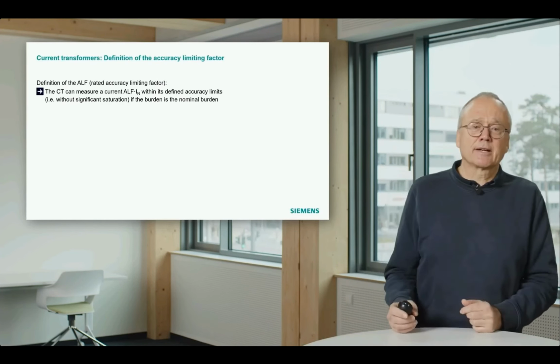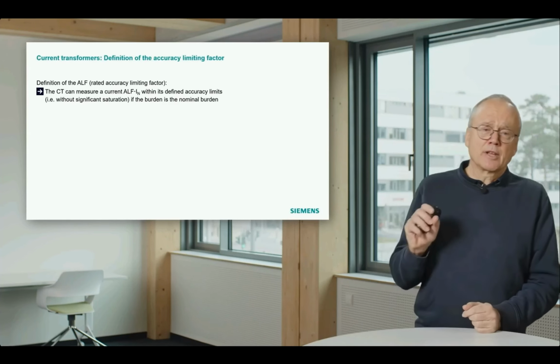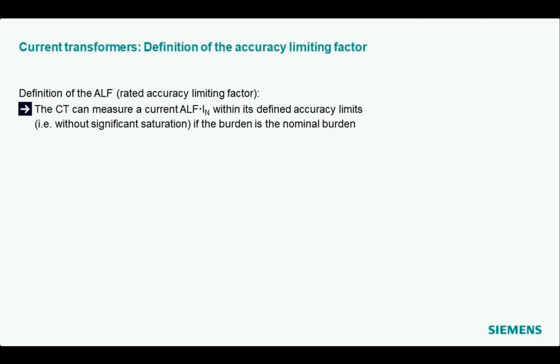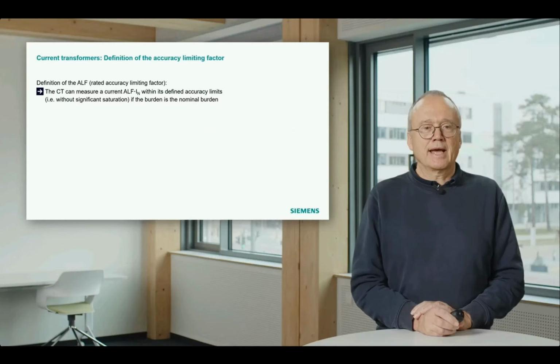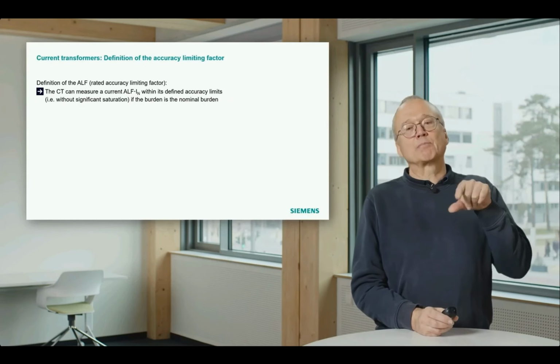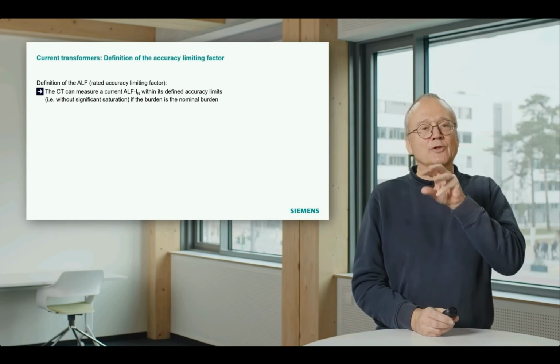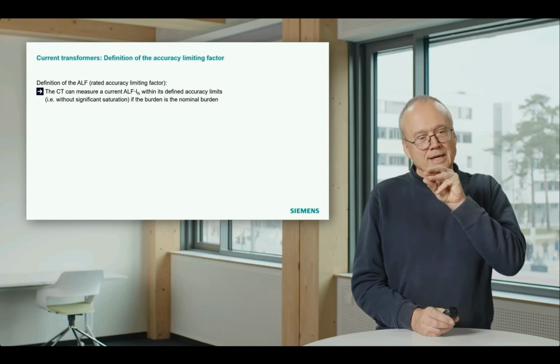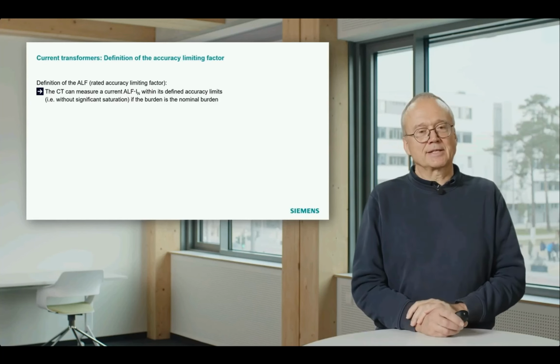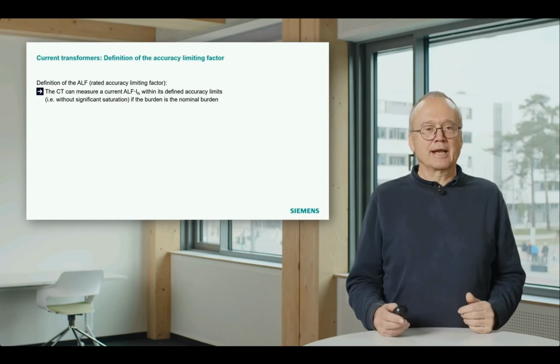And in P-class current transformers, the dimensioning rules are based on the so-called accuracy limiting factor, ALF. The ALF is the rated accuracy limiting factor. Remember our 5P20 current transformer we had? The 20 in this class designation is the ALF.